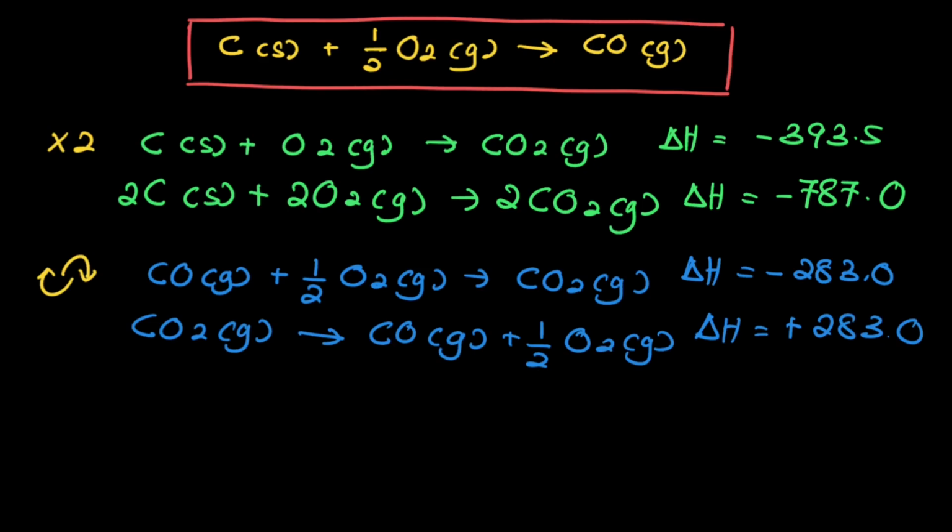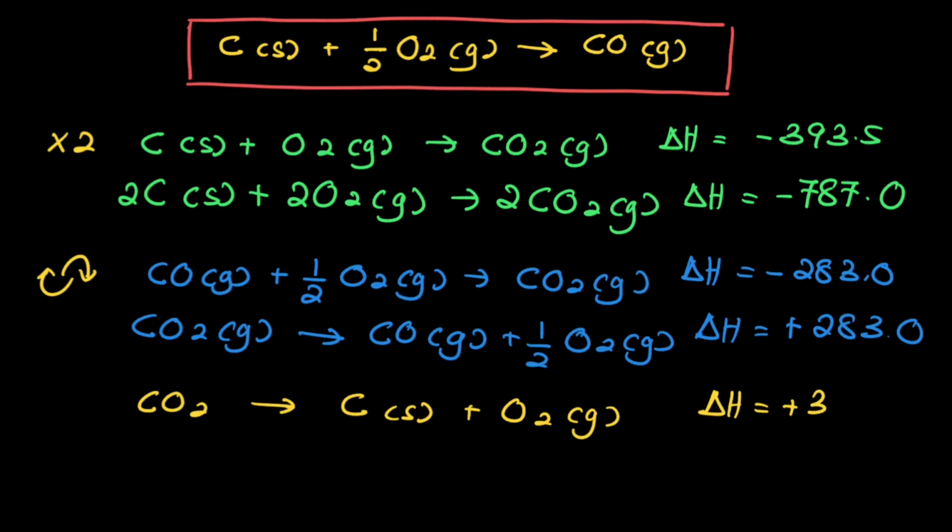The third one is carbon dioxide will produce just carbon and also oxygen gas with your delta H equivalent to positive 393.5. So this equation, I'm not going to do anything. I'm just going to leave it as is.